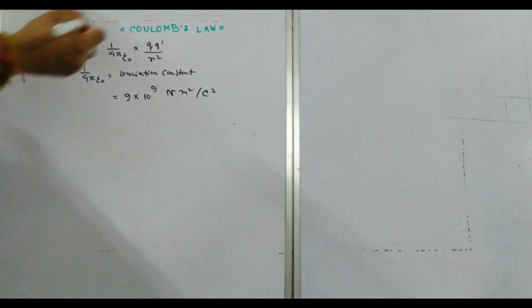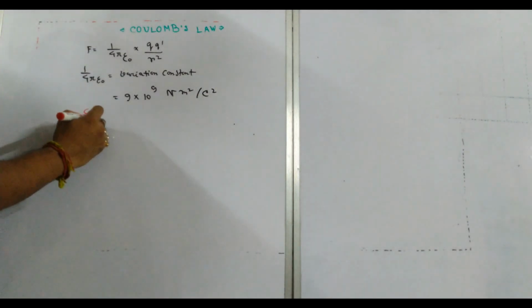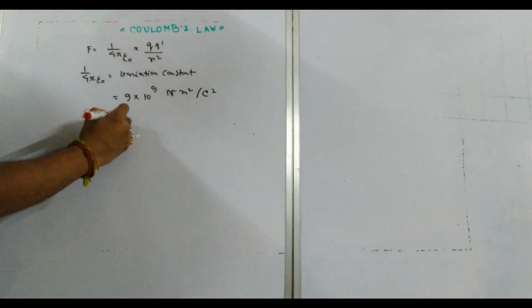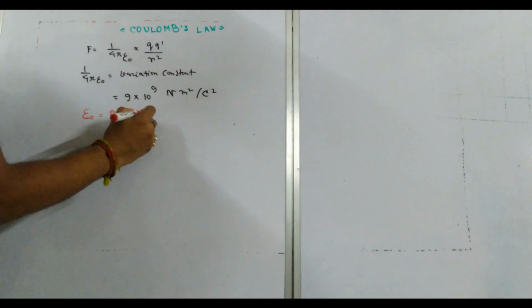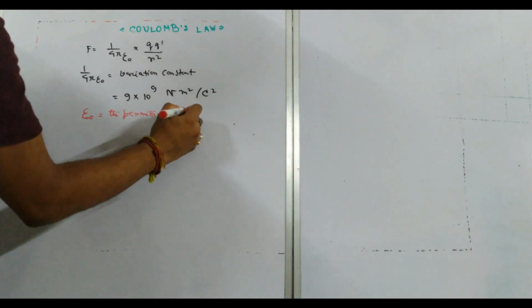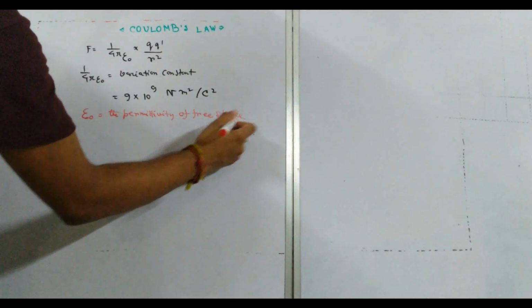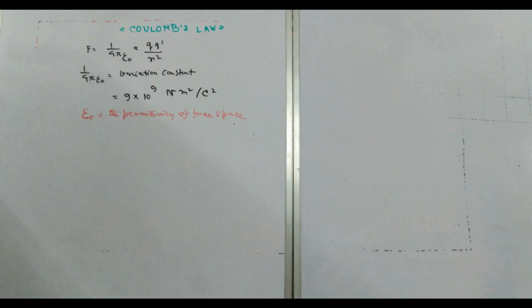We will later discuss the dimension of epsilon naught and more. But now what we need to concentrate on is that epsilon naught is known as the permittivity of free space. Be careful with the term. This is the permittivity of free space.